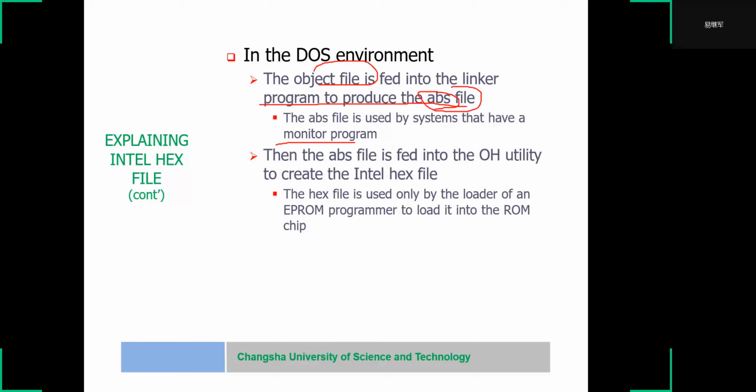Then the ABS file is fed to the OH utility to create the Intel hex file. The hex file is used only by the loader of an EEPROM programmer to load it into the ROM chip.